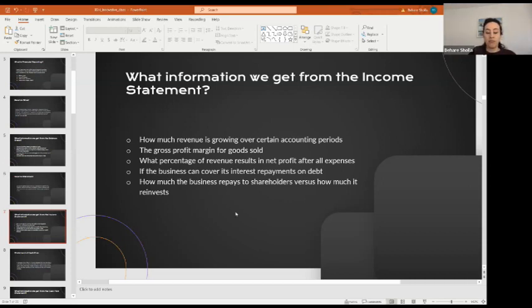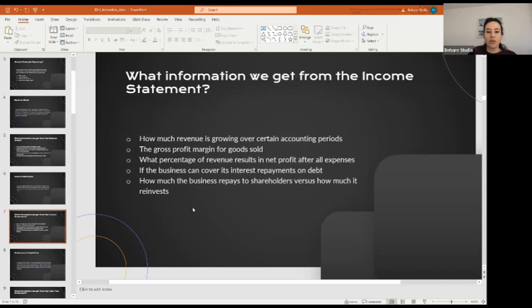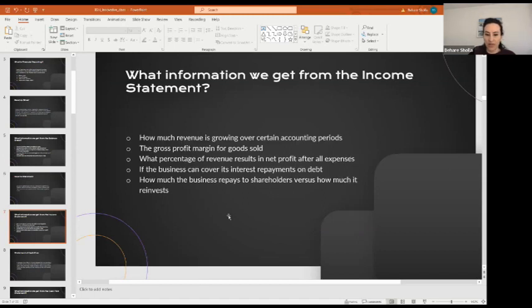This is very important, and usually companies are also interested in covering the interest repayments, especially when they rely quite much on loans and other debts. Also, how much the business repays to shareholders versus how much it reinvests.